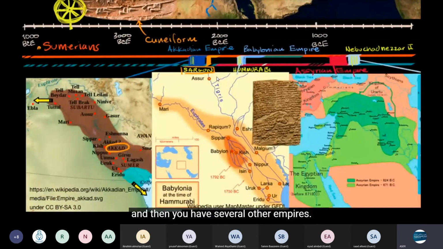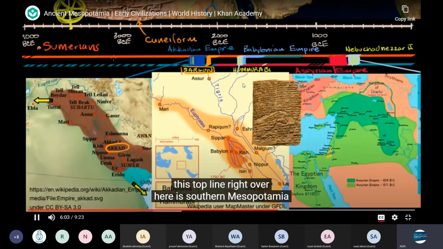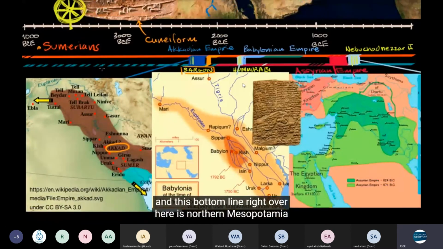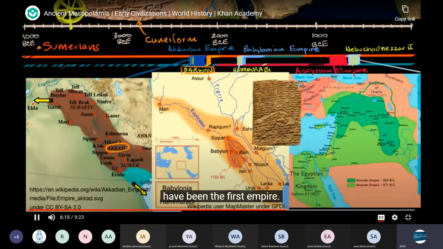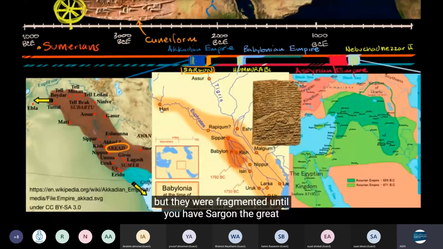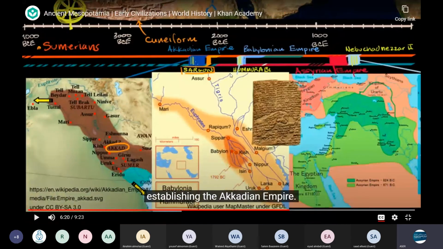The way I've structured this timeline is this top line right over here is southern Mesopotamia, and this bottom line right over here is northern Mesopotamia. So this orange shows you where the Sumerians were reigning. Some people think that they might have been the first empire. This bottom line here, you can see the Akkadian speakers, but they were fragmented until Sargon the Great established his rule.